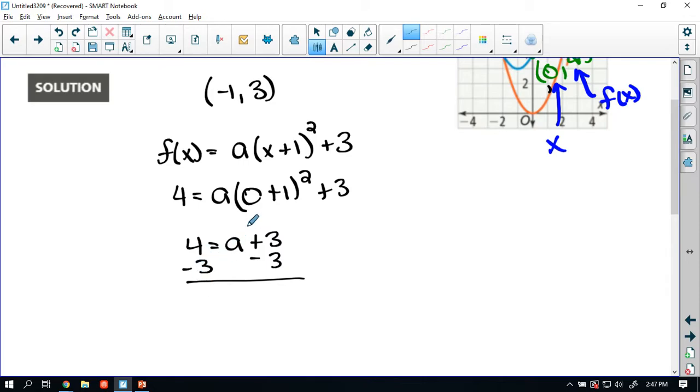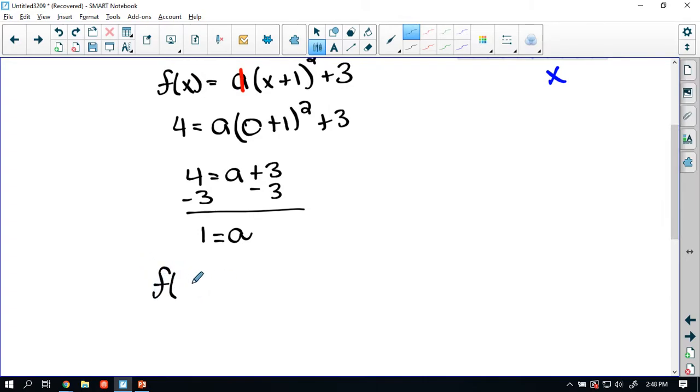Technically it's a power 1, but no visible powers above it. We get 1 equals a. Substituting that back in, if this is a 1, it's not doing anything. You multiply 1 and it's itself, so I'm not going to include the 1 when I write my final vertex equation.